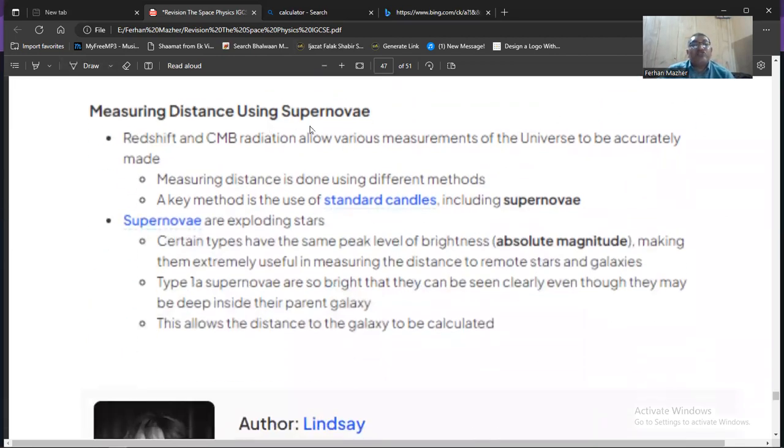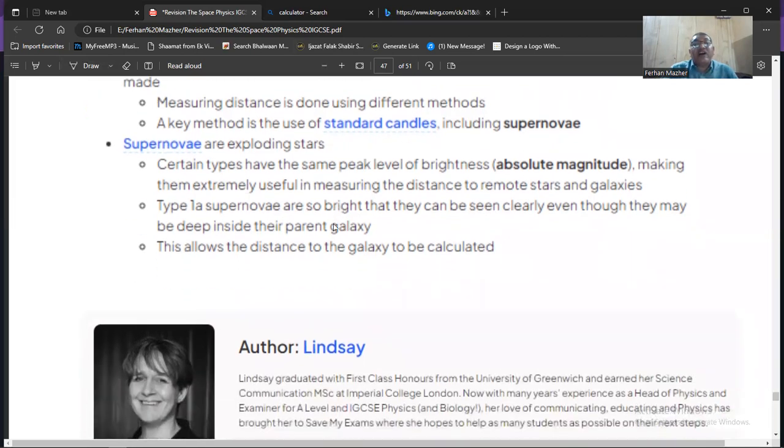Measuring distance using supernova. Redshift and CMB radiation allow various measurements of the universe to be accurately made. Measuring distance is done using different methods. A key method is to use standard candles, including supernova. Supernova are exploding stars.